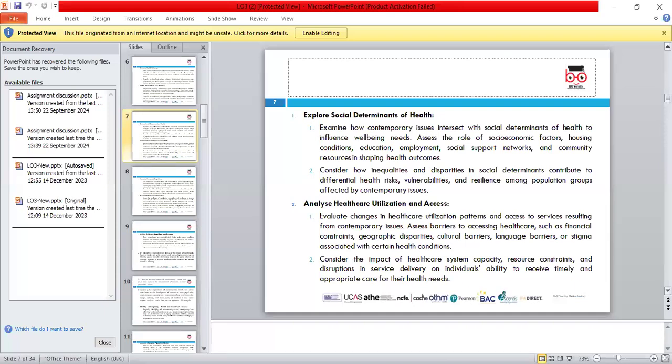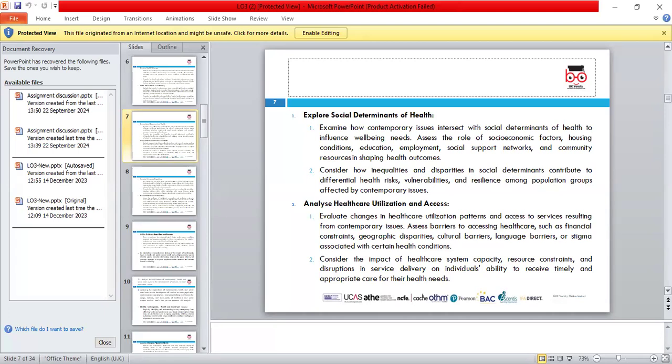Okay, so that's what we call analyze. We are trying to analyze and see if those changes within the healthcare result in addressing those contemporary issues, where barriers to accessing healthcare, such as financial constraints and all that, we are looking at.